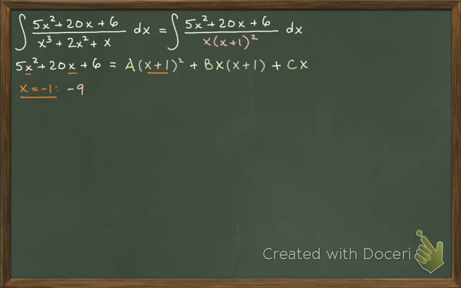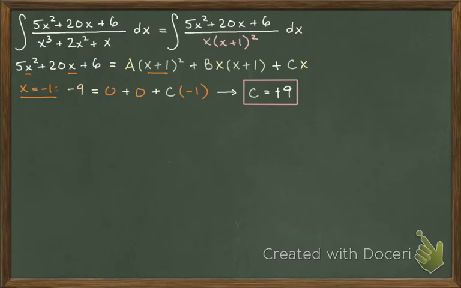I've got 0 next to a, 0 next to b, but my c is multiplied by a minus 1. So then I can say that c is just, that should be a positive 9, I believe. C should be a positive 9. Sorry about that.